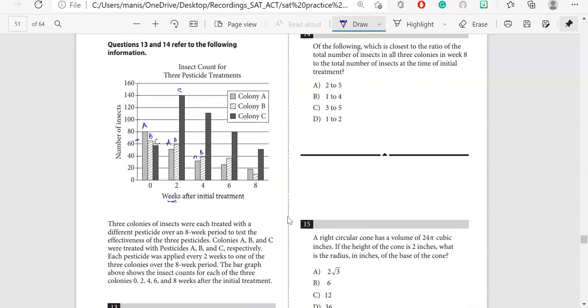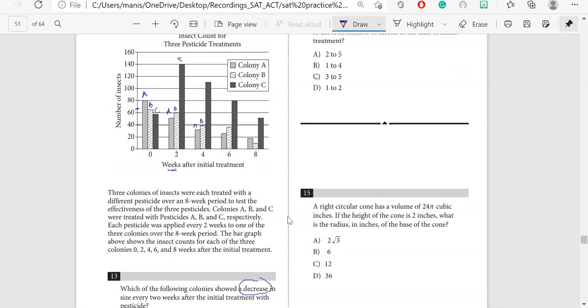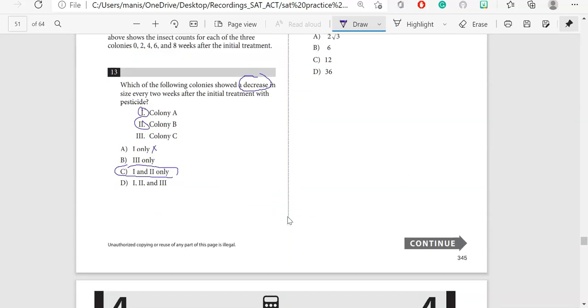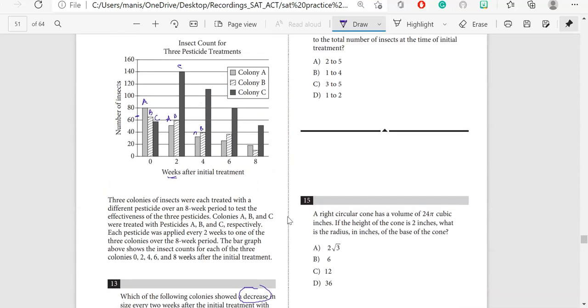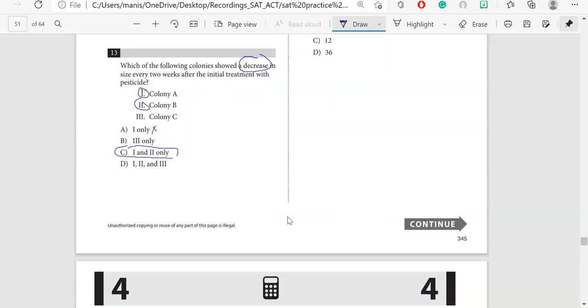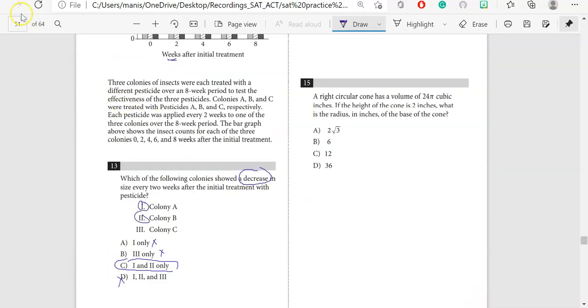You can see over here A and B, both numbers are decreasing. This was 80, it dropped down to 50 something. This was 70, dropped down to 60. Wrong answer. Choice 3 is colony C. No, colony C over here increased. You see it went up. So this cannot be the correct answer. 1, 2 and 3 is automatically wrong. So choice C is the correct answer for question number 13.